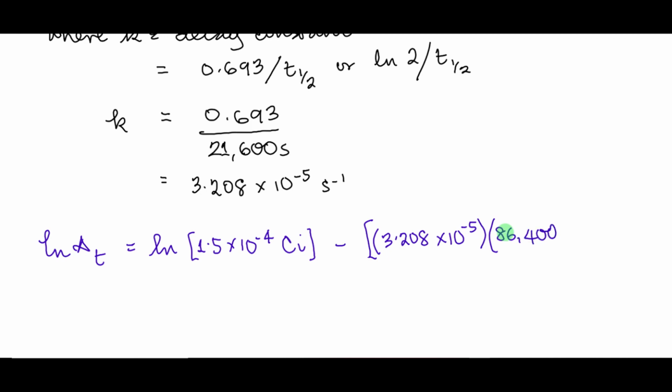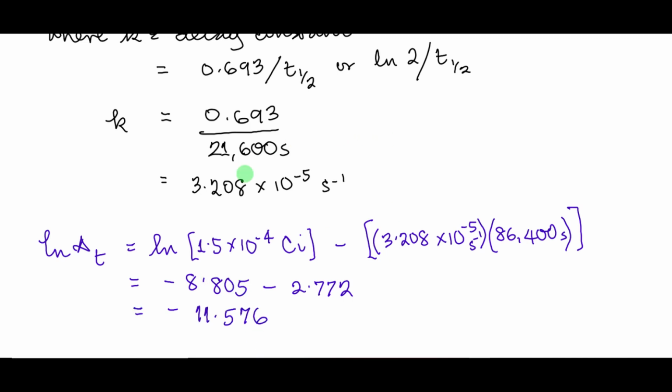So this will give us minus 8.805 minus, if we evaluate this, 2.772, so this will give us minus 11.576. But that's not the final answer.